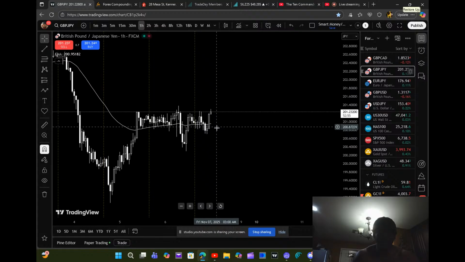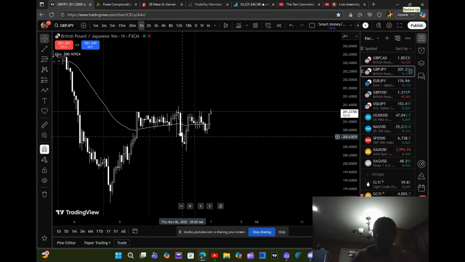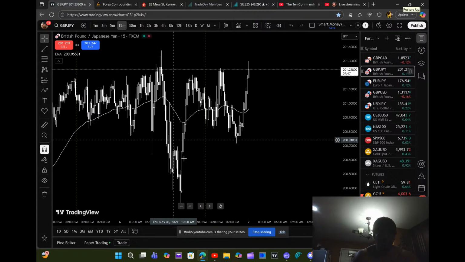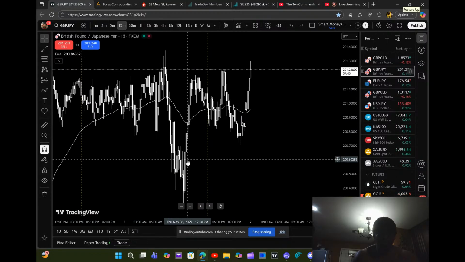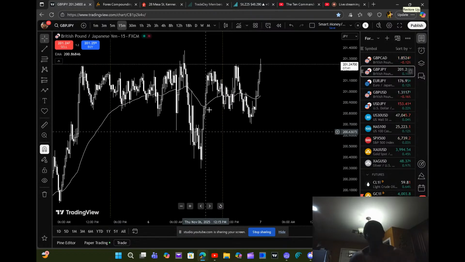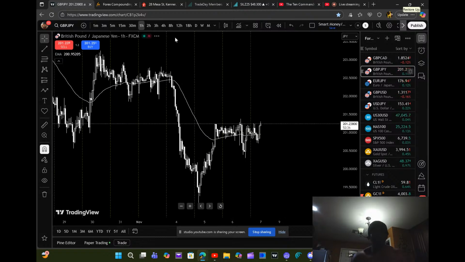We didn't get nothing. There wasn't really nothing to trade in there. So it's GBP JPY. That's pretty much a waiting pattern.